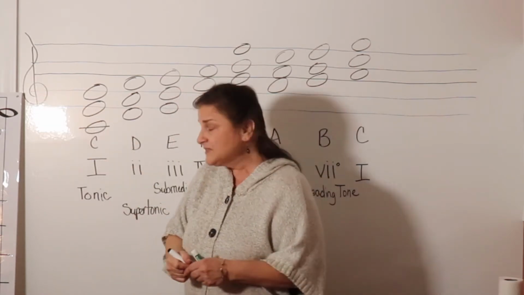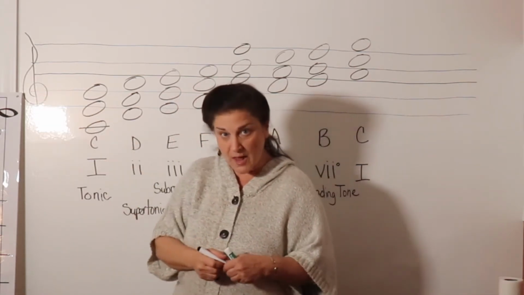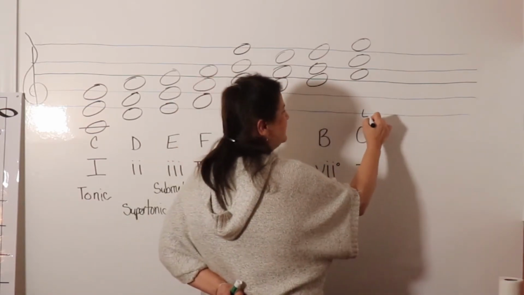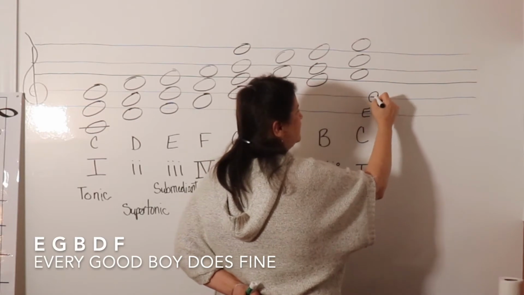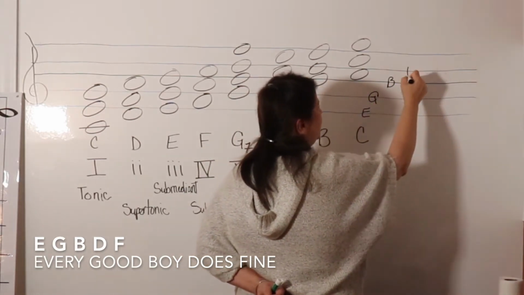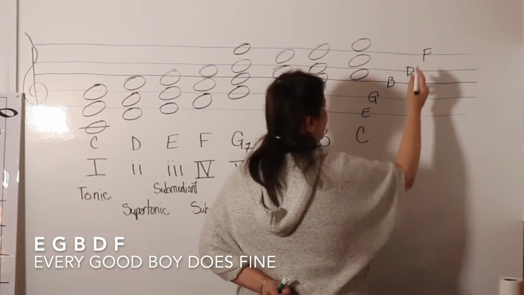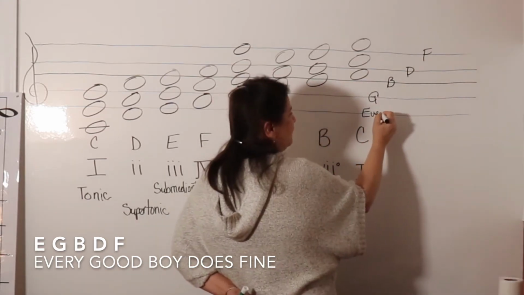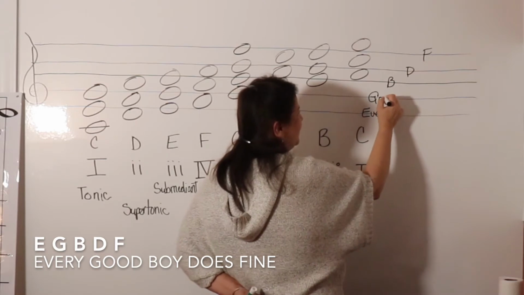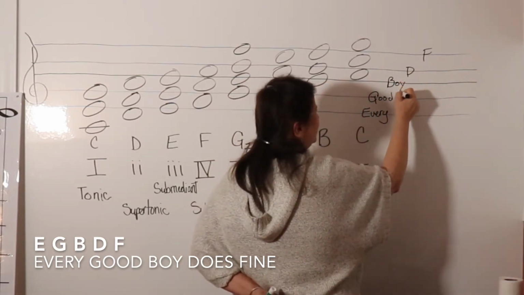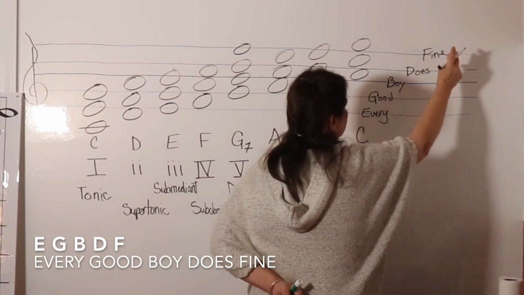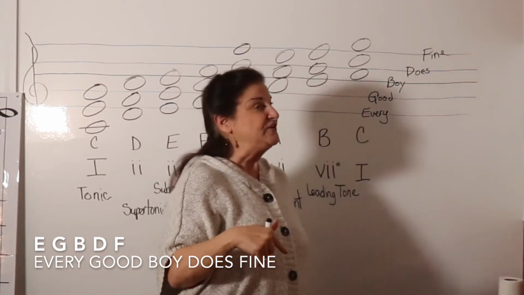Another way to do it is to actually memorize the lines and the spaces. The lines are E, G, B, D, F. A way to remember that is every good boy does fine. Every good boy deserves fudge.